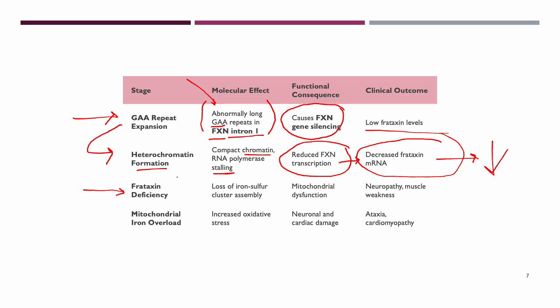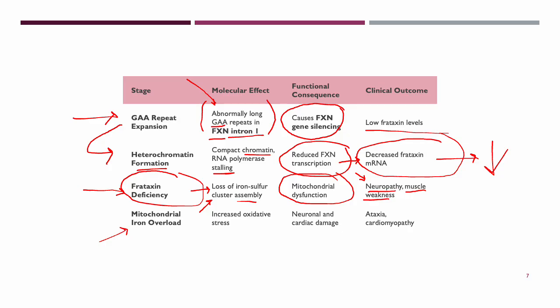And once we arrive at a frataxin deficiency, we will have a loss of iron-sulfur cluster assembly. And this in turn will lead to mitochondrial dysfunction and clinical outcomes like neuropathy and muscle weakness. Furthermore, due to the loss of the ability to assemble iron-sulfur clusters, we will have a buildup of iron in the mitochondria.